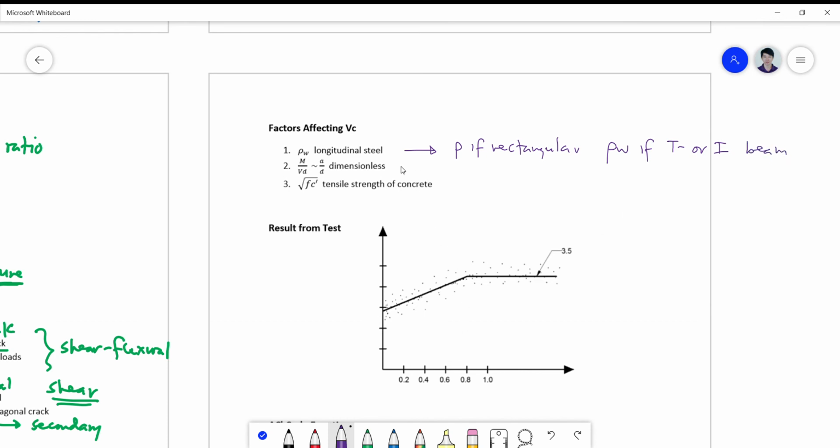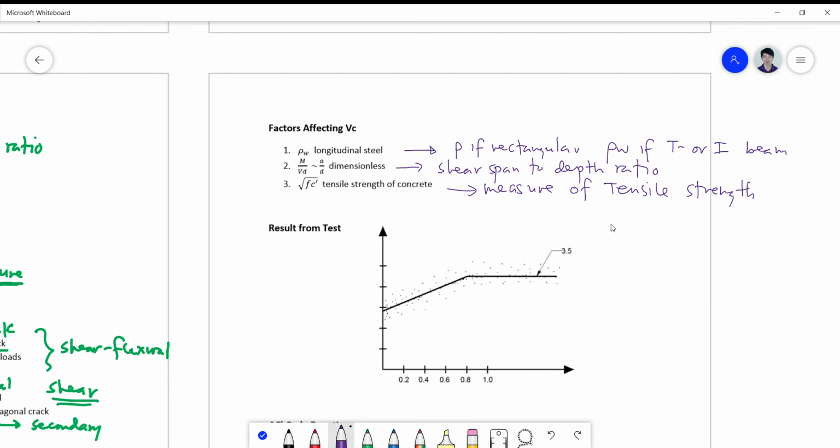So for your M over Vd or a over d, this is the shear span to depth ratio. And for your square root of fc prime, this is the measure of your tensile strength. Remember your modulus of rupture? Okay, it's the square root of fc prime times 0.62.